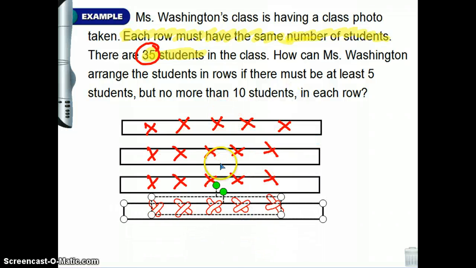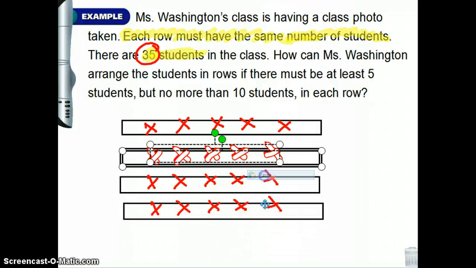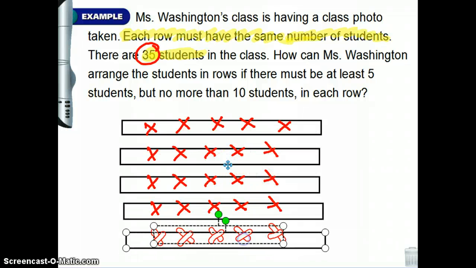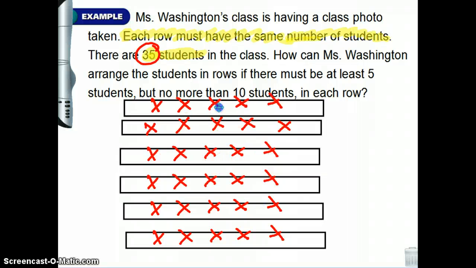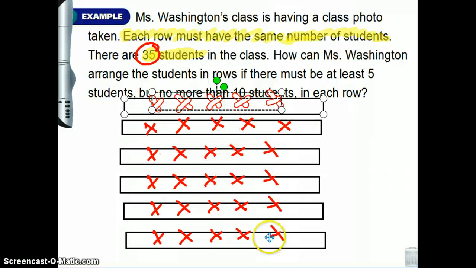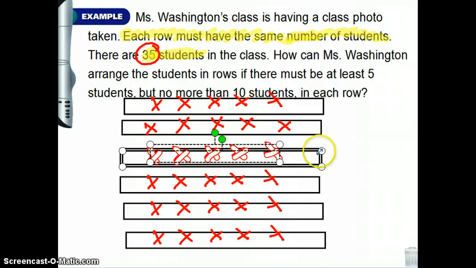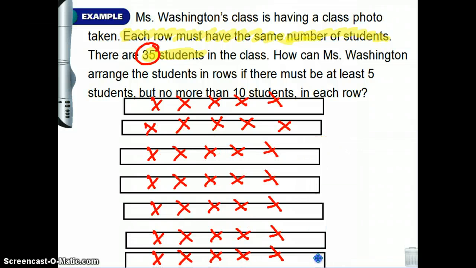Now if you've been counting 5, 10, 15, 20, 25, Miss Washington's going to run out of room pretty soon. 30 and 35. So basically, if she wanted 5 students in each row, how many rows? She would need 7 rows of 5 students.